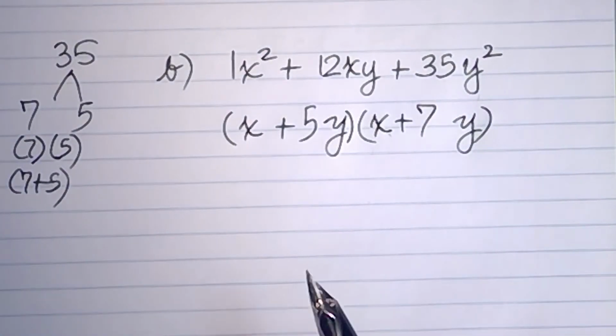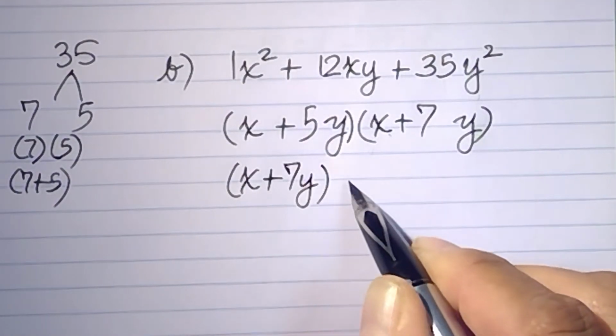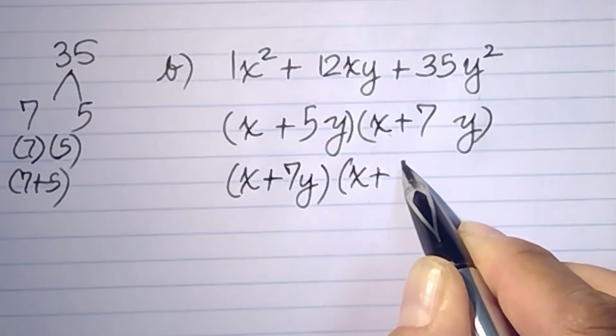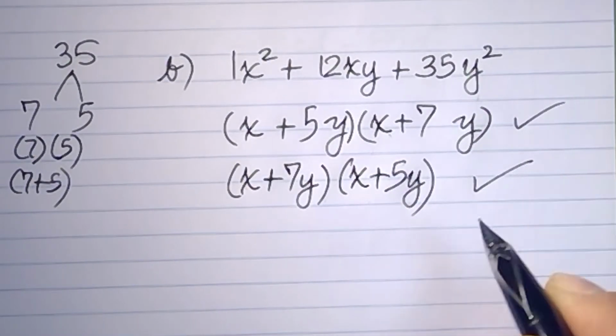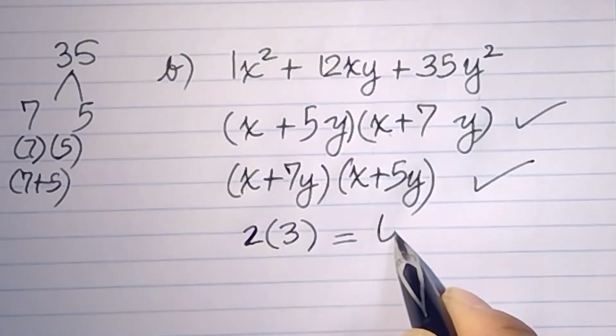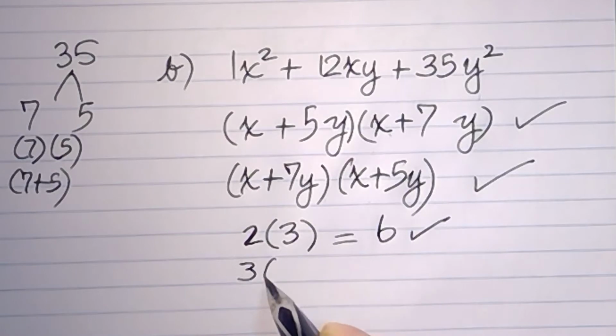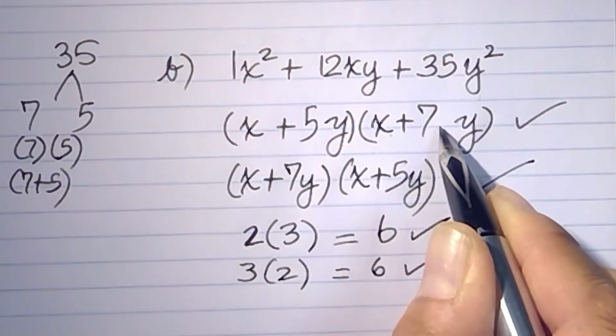Now, some of you might have written this. Both of these are correct. Why? What's 2 times 3? 6. What's 3 times 2? 6. So the order of the brackets doesn't matter.